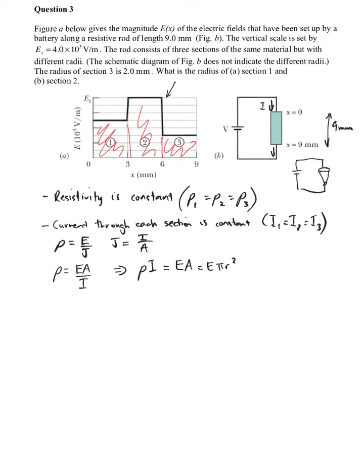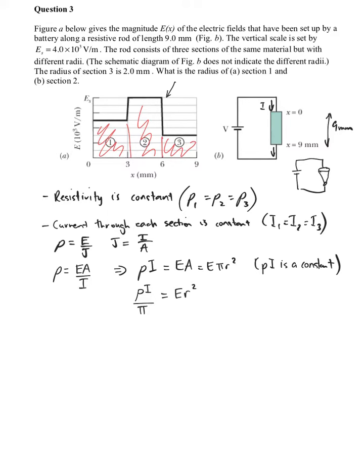So now rho times I is a constant. That's just some value. It's the same for all sections of the rod. So let's rearrange this and say rho I over pi equals E R squared.